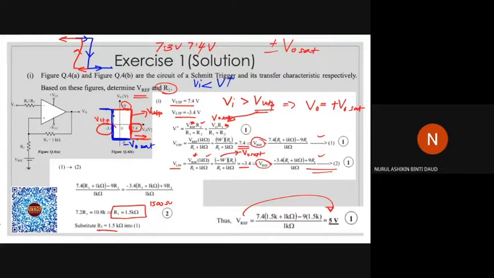And also from this graph, you know the value of V UTP and the value of V LTP. So you need to know how to read this hysteresis graph. That is the important thing.